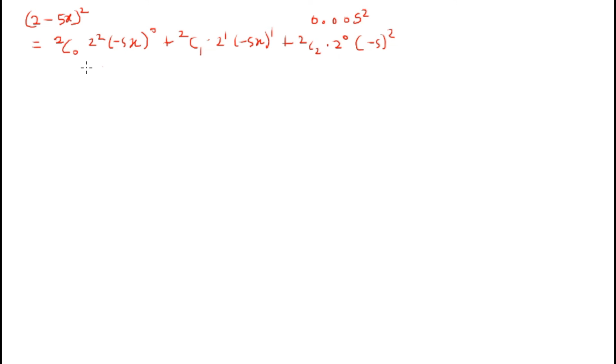If you simplify it further, you should have 4 minus 20x plus 25x squared.